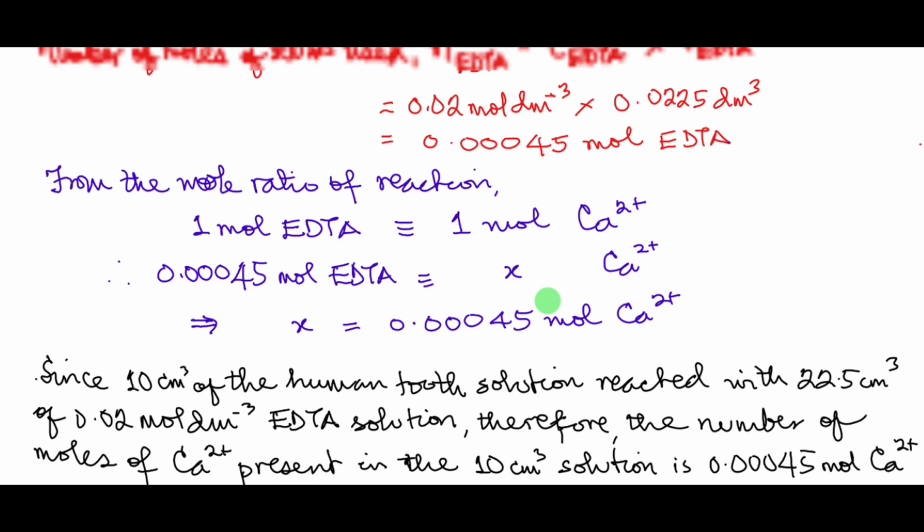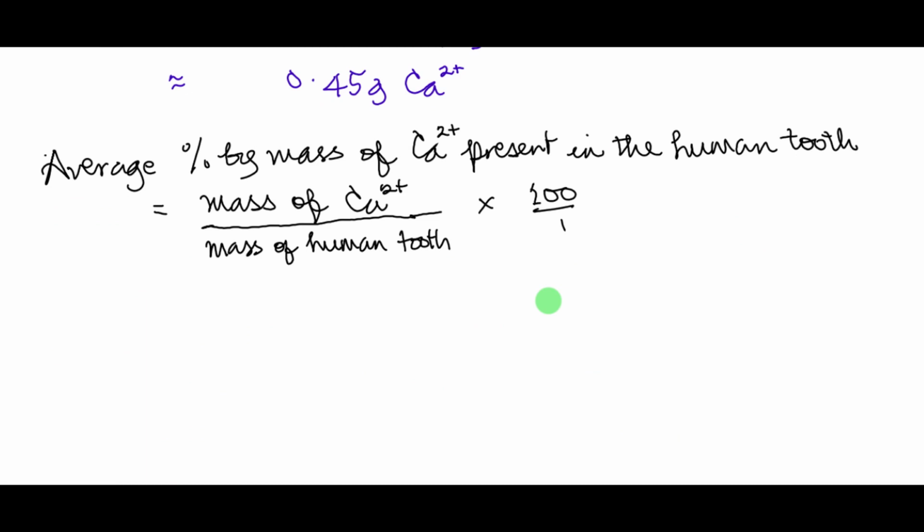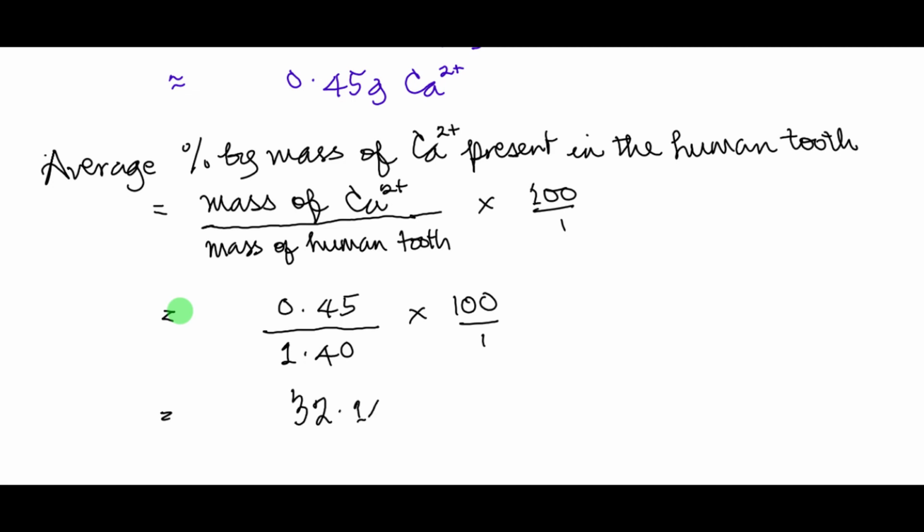And from the question, what's the mass of the human tooth? 1.40 grams. So from here, you can then say that the percentage by mass of calcium ion present will be 0.45 over 1.40 times 100 over 1. So if we calculate that, we get 32.14%, which is the percentage by mass of the calcium that was present in the 1.4 gram of the human tooth.